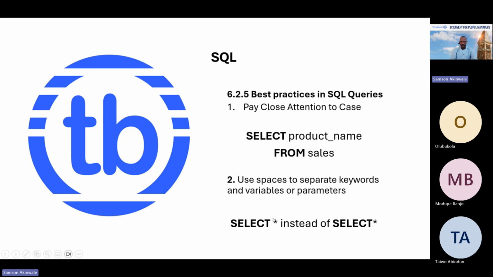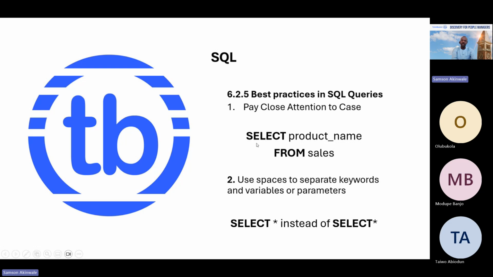We all know that select all simply means star. This star you are seeing represents all in SQL. The moment you want to select the entire columns in the table, you don't want to start listing them one by one. Just like I have listed a column, maybe the column I want here. There are several other columns in that particular table called sales, but I just went ahead to specify one. Because it is one, I can choose to write the name.